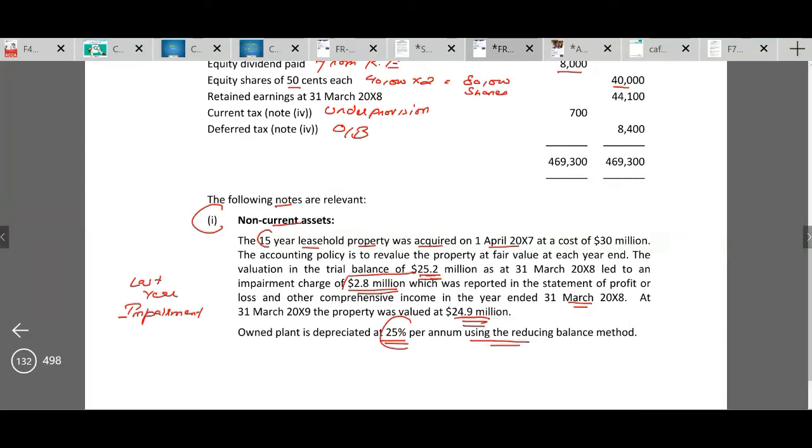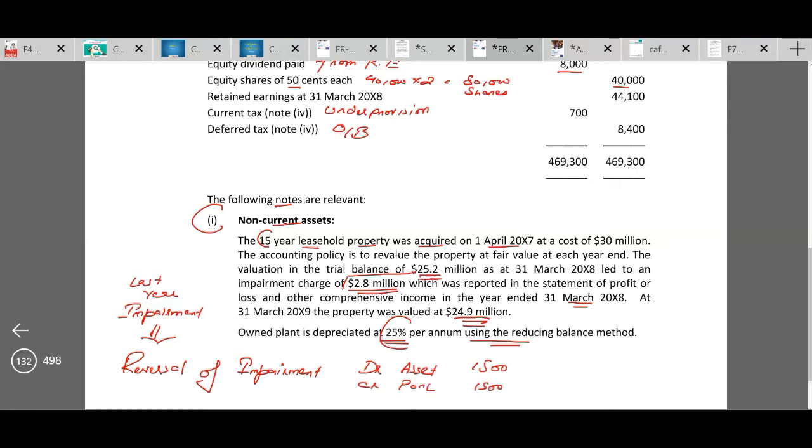They gave you this point because remember the reversal of impairment in IAS 36. So the asset was previously impaired and now it has gained value. So for this reversal of impairment, the entry should be: debit asset by 1,500 and credit profit or loss by 1,500.